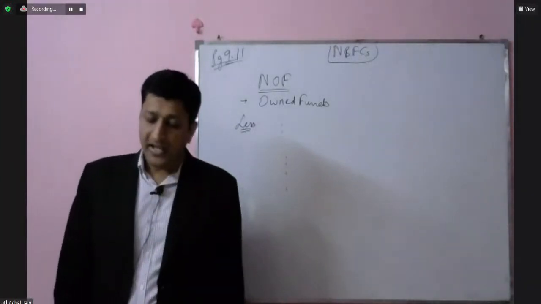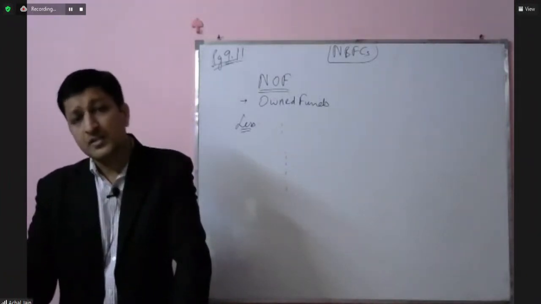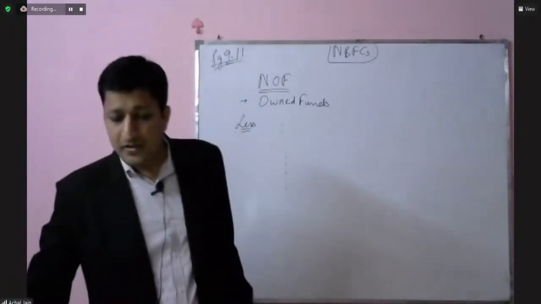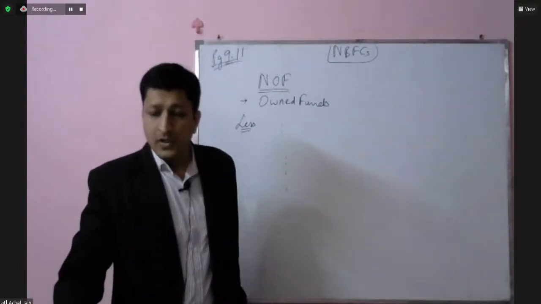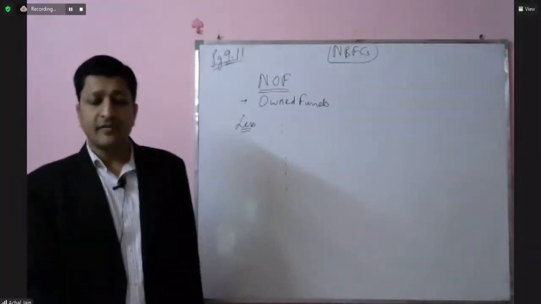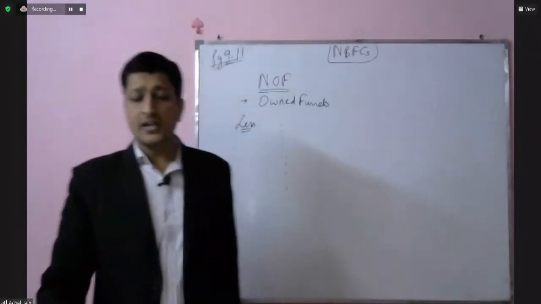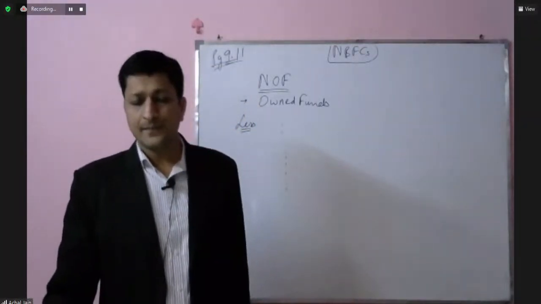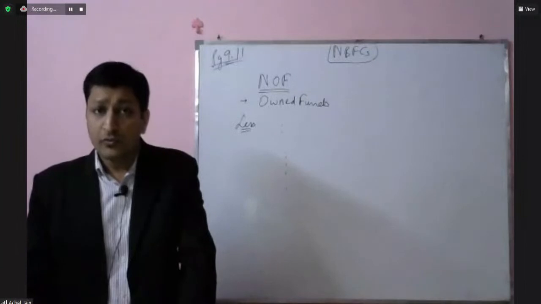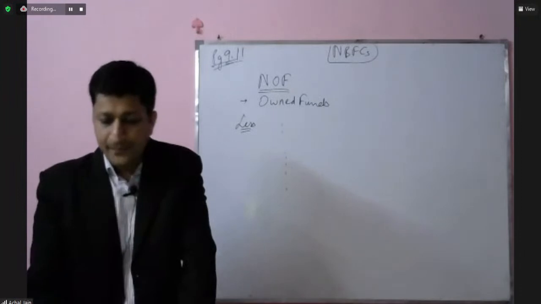Accumulated losses, intangible assets. Can you see some similarities in this owned fund to any other term that we discussed in case of a bank? Who will answer this question? Do you find some similarity to anything that we covered in case of a bank? Quickly.